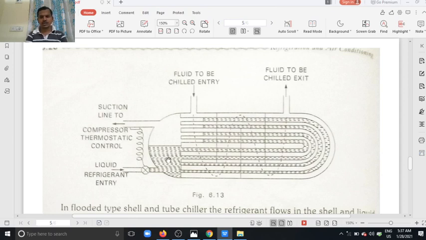The liquid refrigerant absorbs the heat from the chilled liquid, rises in temperature and changes phase. The refrigerant vapor is collected at this area and goes to the suction line, that is, to the compressor.